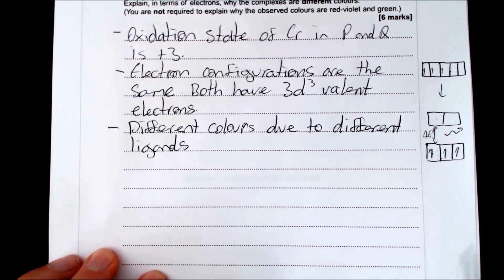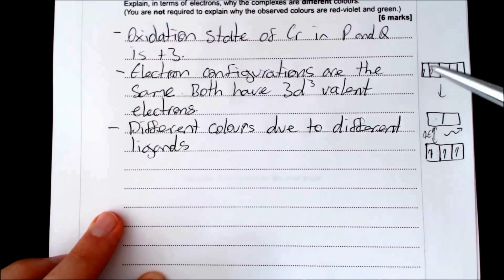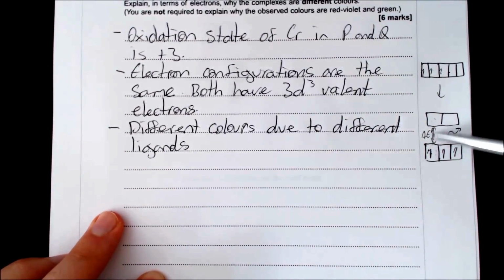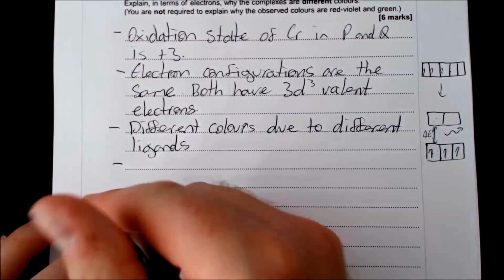Okay, so obviously we've got different ligands, and this means the splitting of the d energy levels is different. So depending on the ligand will depend on how big that gap is there. So I'm just going to put that down in there as well.